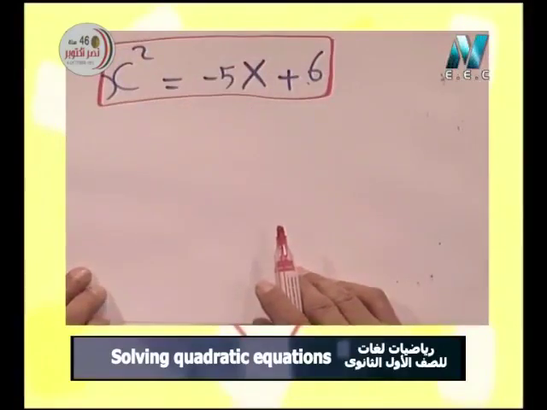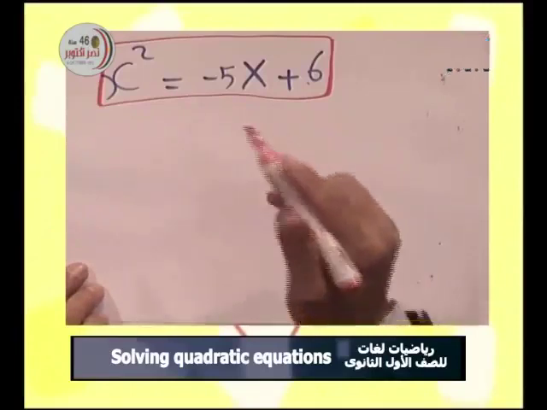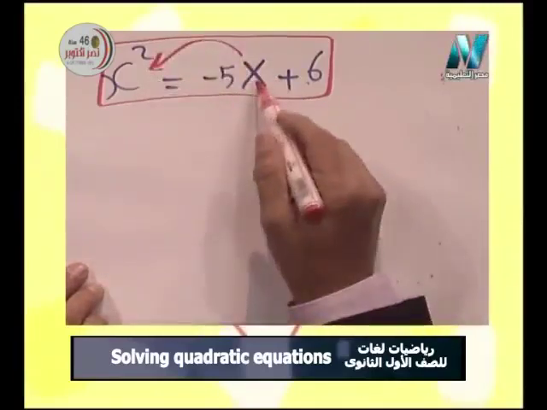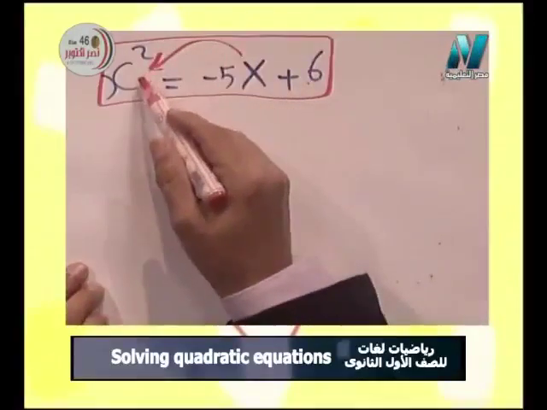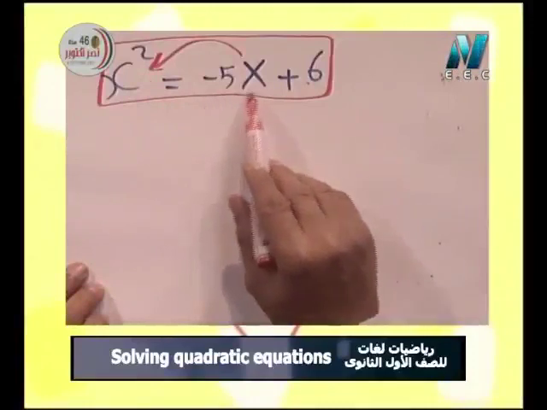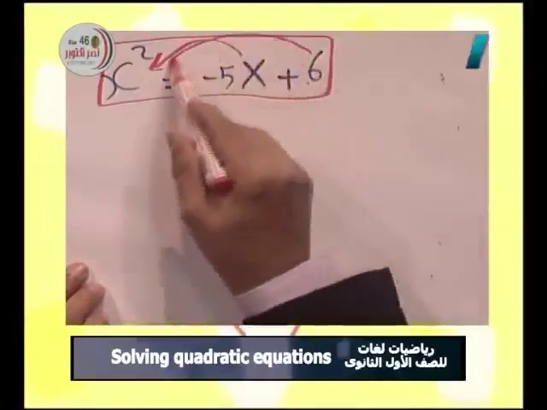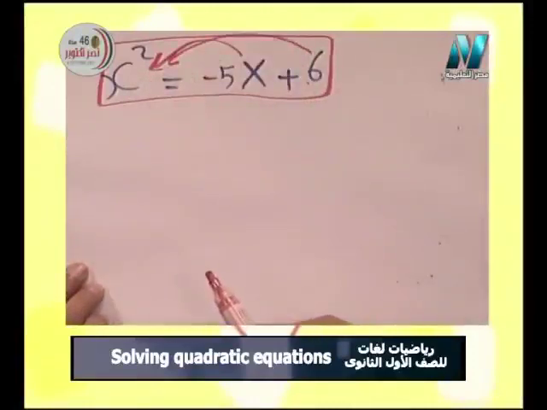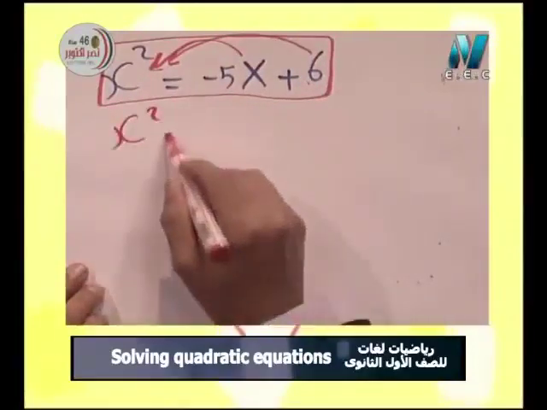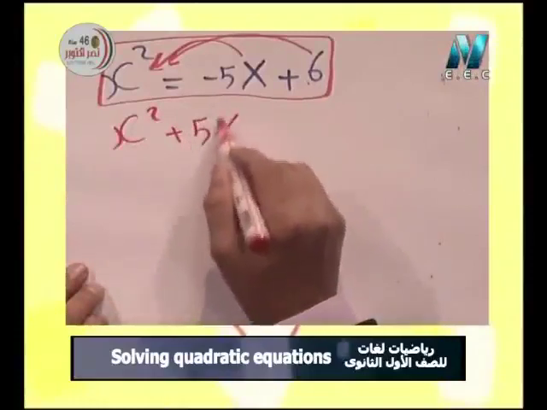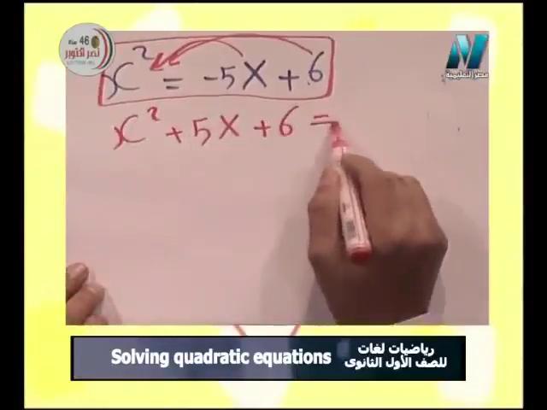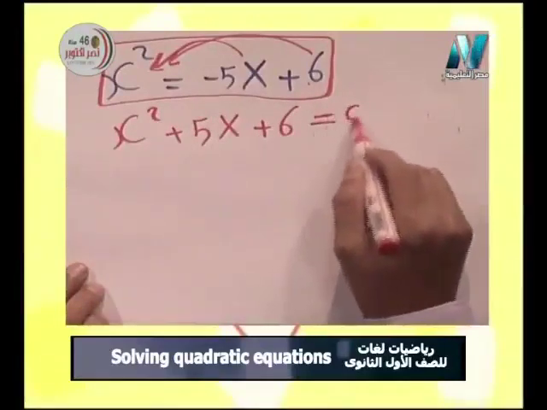So try to make it in the standard form like that. Negative 5x, we convert it to the left side and we get 5x, and 6 we also transfer to be negative 6. So x power 2 plus 5x plus 6, and this side will be empty and equal 0.